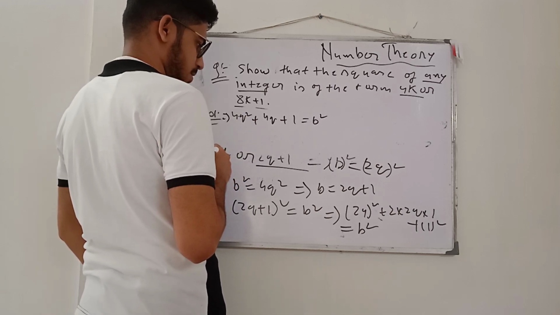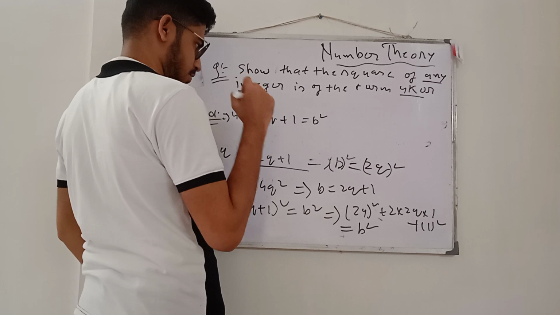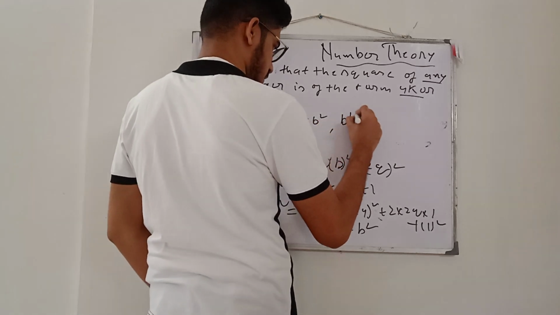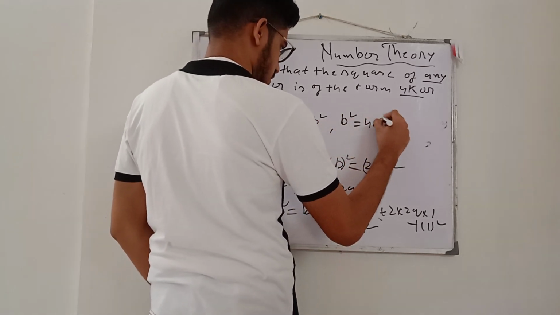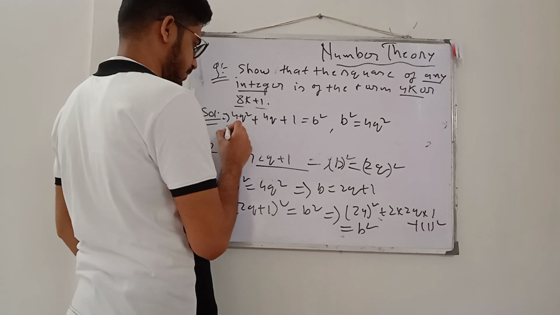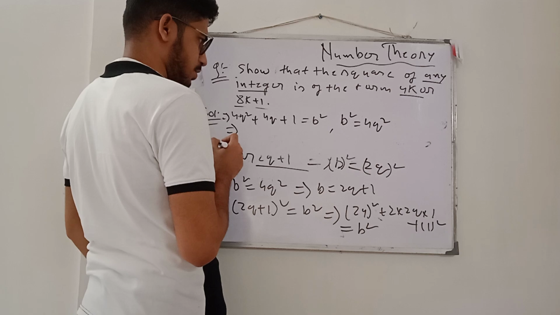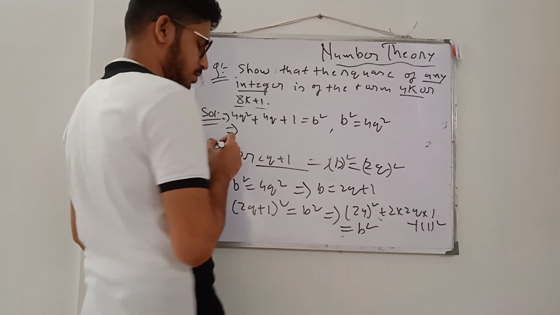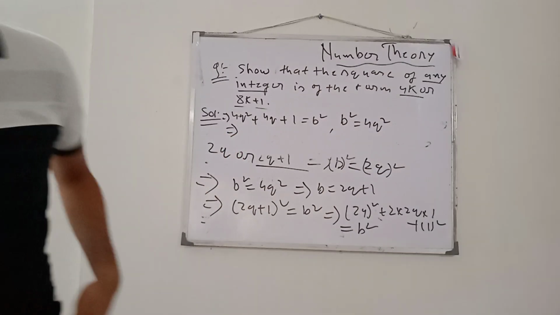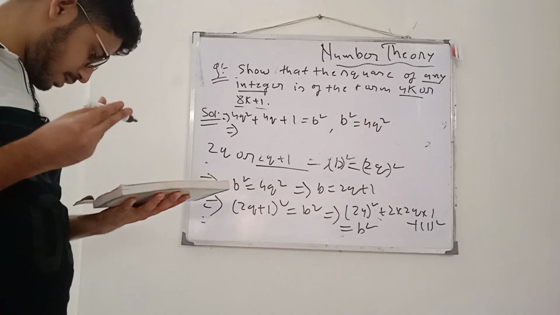I hope you guys are done. And that one is 4q square, and here one is 4q square. So b square is equal to 4q square, no?